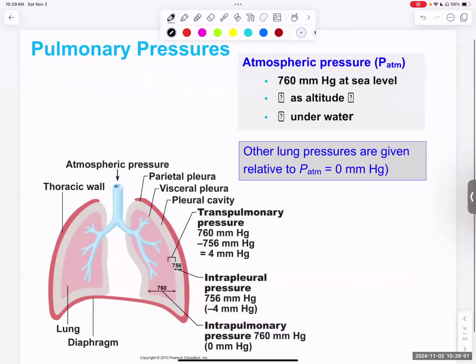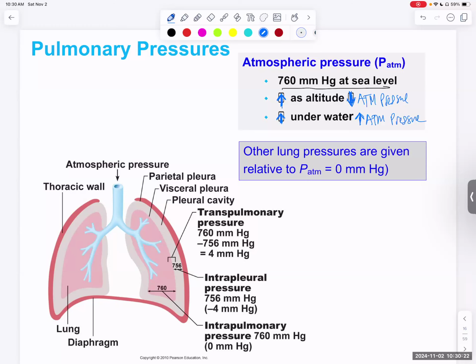So these just go through that. Atmospheric pressure is 760 millimeters of mercury at sea level. As you go up in altitude, the pressure actually drops. If you go underwater, then atmospheric pressure is actually increasing. Higher pressure underwater. That's why your ears hurt when you go underwater.